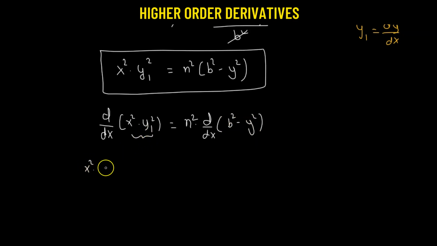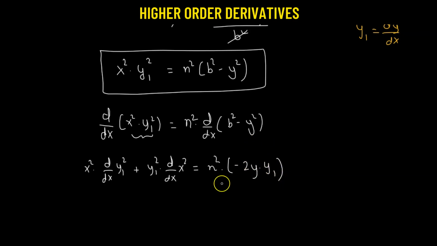We'll take x squared and multiply it by the derivative with respect to x of y1 squared, plus y1 squared multiplied by the derivative with respect to x of x squared. So this will be equal to n squared times, so b is a constant, so its derivative will be 0, minus the derivative of y squared, so this will give us 2y, but then again we'll have to use the chain rule, so we'll have the derivative of y with respect to x.